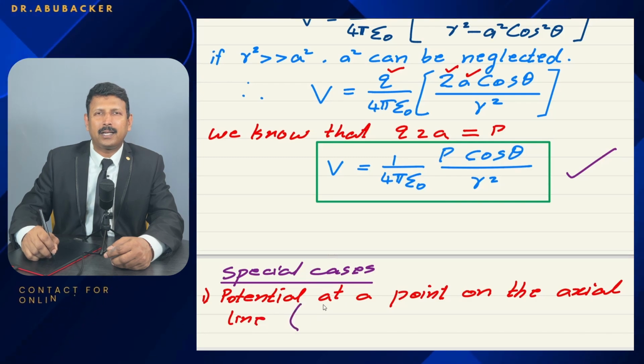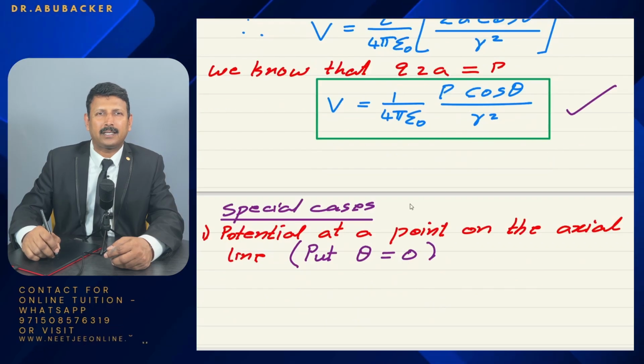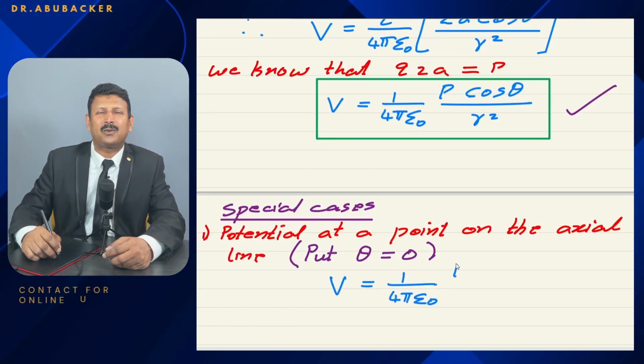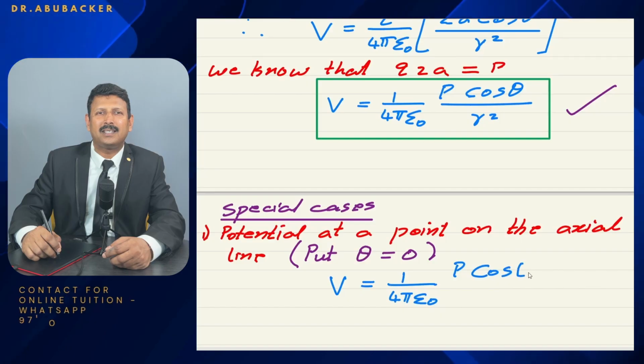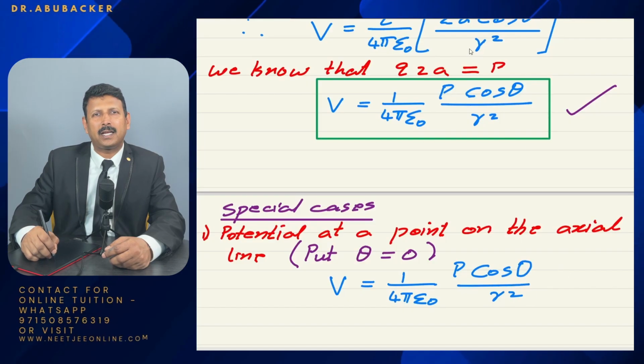If the point is on the axial line, what is the angle you are expecting? Either right side or left side. We consider the right side, for example. So theta is equal to 0. Axial line means no angle exists with the axis. So cos 0, what is cos 0? 1. So V is equal to 1 by 4 pi epsilon 0 p cos theta divided by r square.